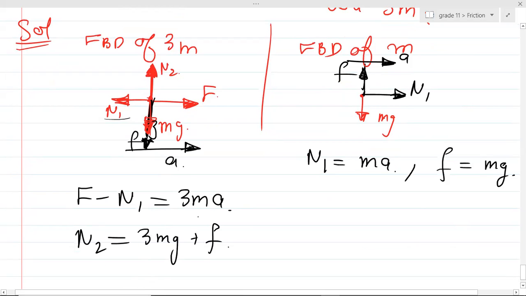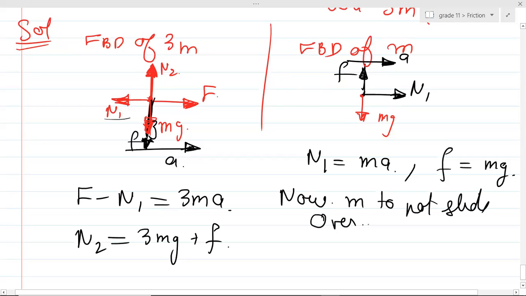Now, guys, for m to not slide over, or basically, what was the question? How they will slide over 3m. This friction should be less than or equal to the limiting friction, right? Yes or no, guys?